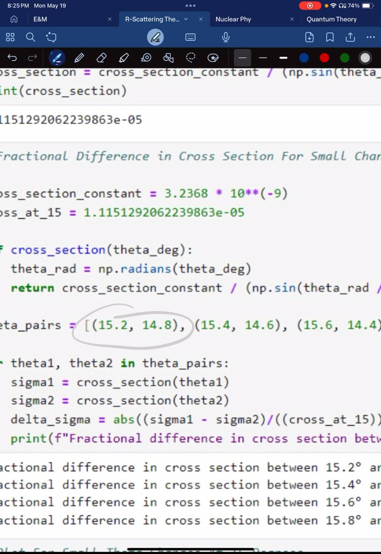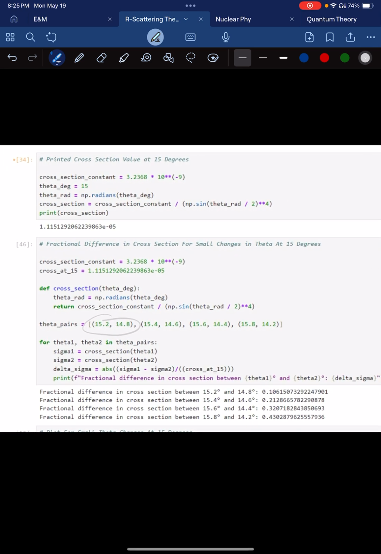For this one I did 15 plus 0.2 and 15 minus 0.2 and grouped those two together and took the difference between them, their difference in cross section, and then divided it by the cross section at 15 degrees to get the fractional difference in cross section.